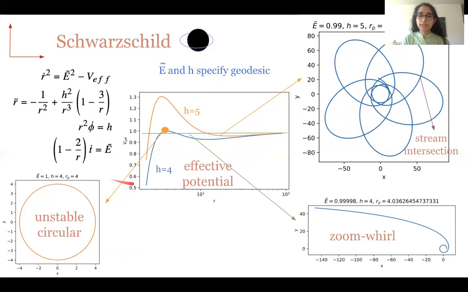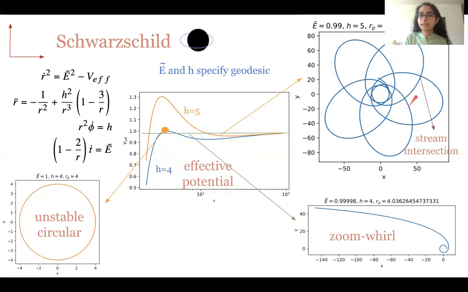But if the energy is even a little bit different, for example, 1 versus 0.99998, that gives you a zoom whirl orbit, where the particle orbits the black hole in a circular orbit many times before it zooms off to infinity. Two very different outcomes with a very small difference in energy.